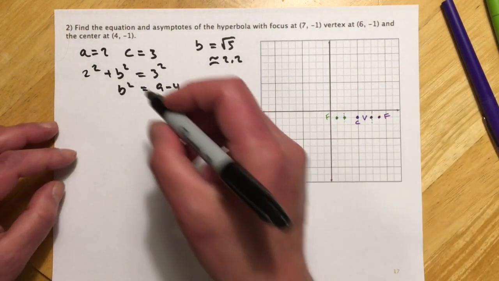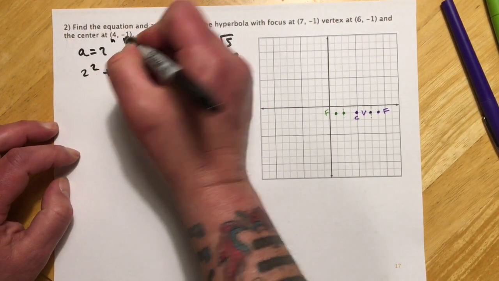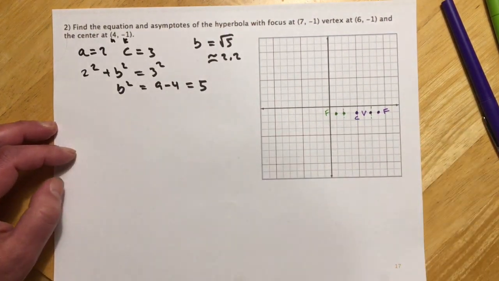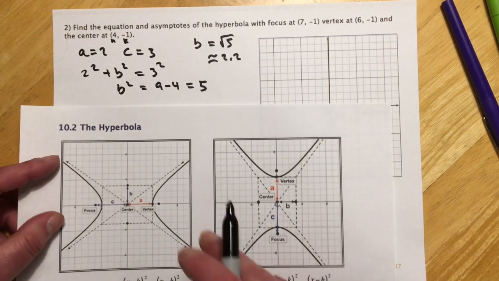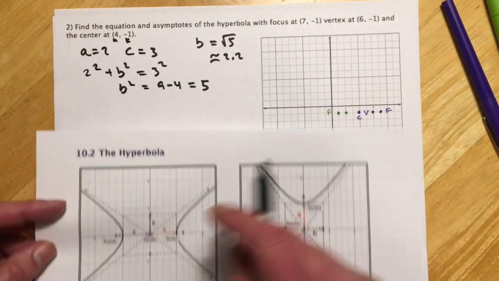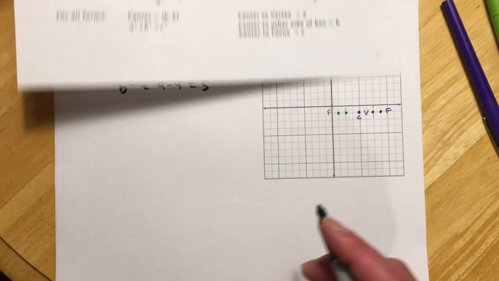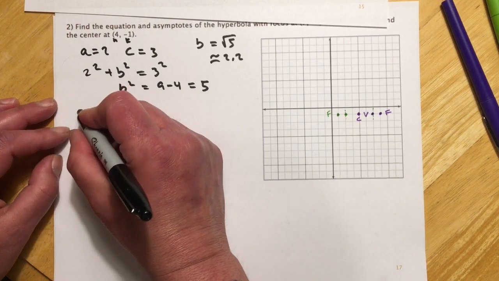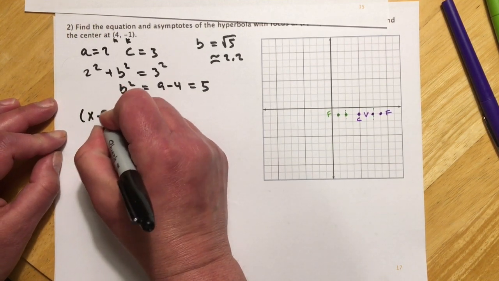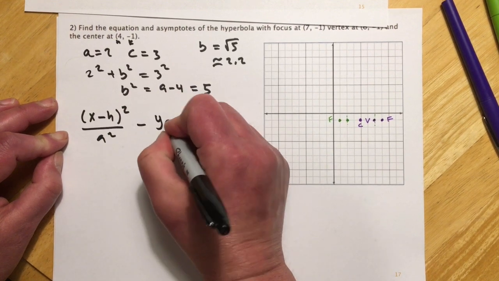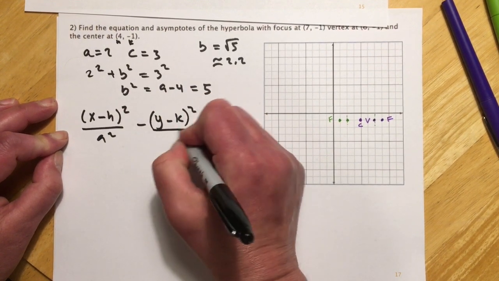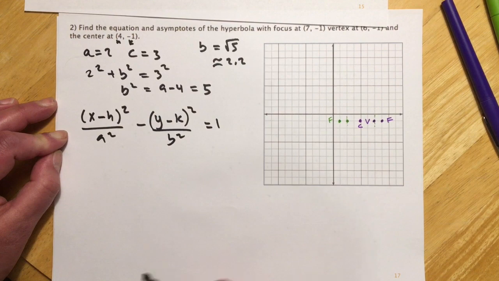We can get our equation from there. There's our h and our k for our center. This one, everything's happening along x, so it's going to be this version. And so our formula, and this time I'll write it out since I have more stuff to plug in: x minus h squared over a squared, minus y minus k squared over b squared, equals 1.